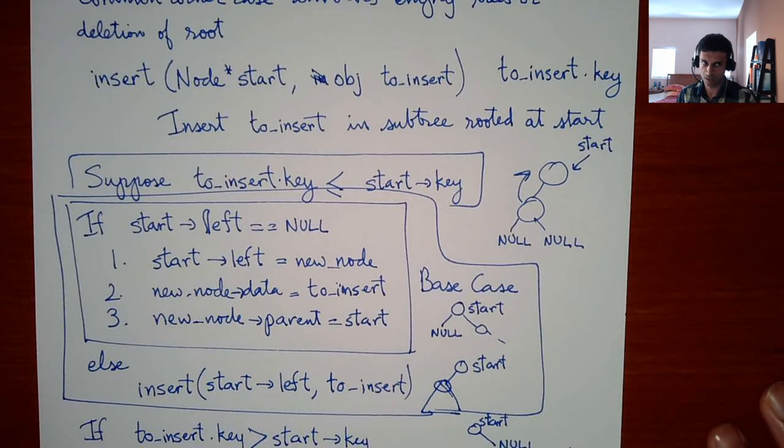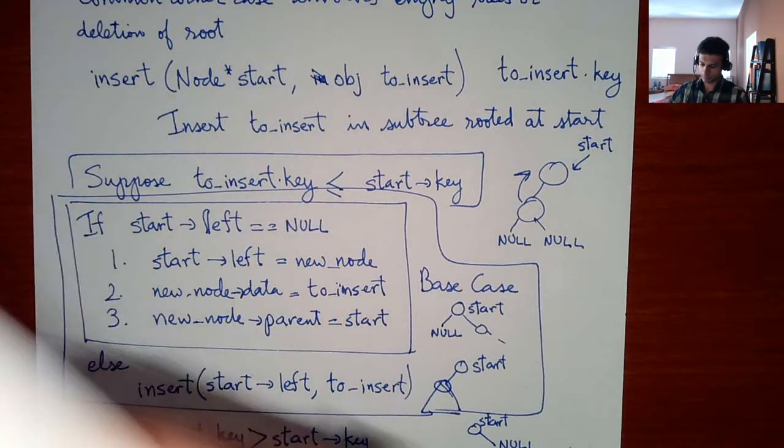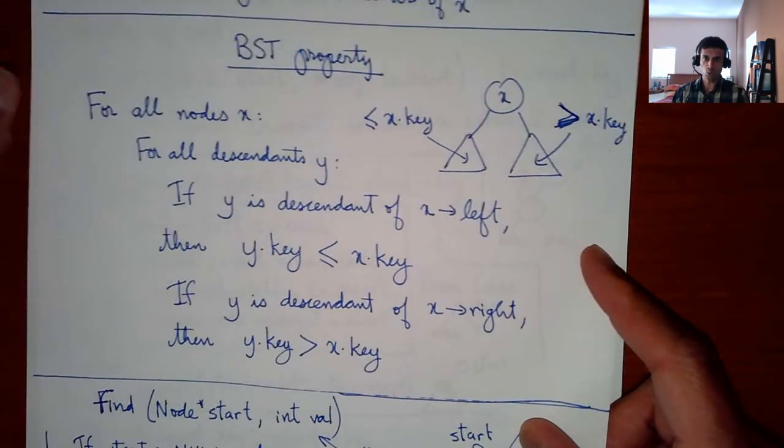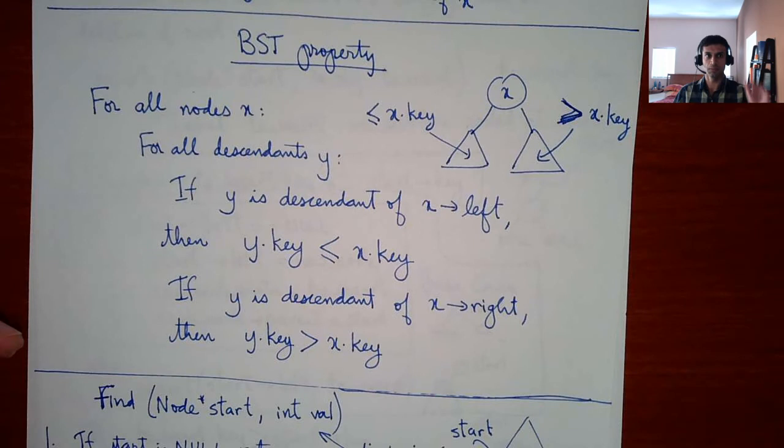There is no sorting that is happening, right? You start with a binary search tree and you insert into the binary search tree. So you start with a tree that has this property. Now you want to insert a node into this, maintaining that property.